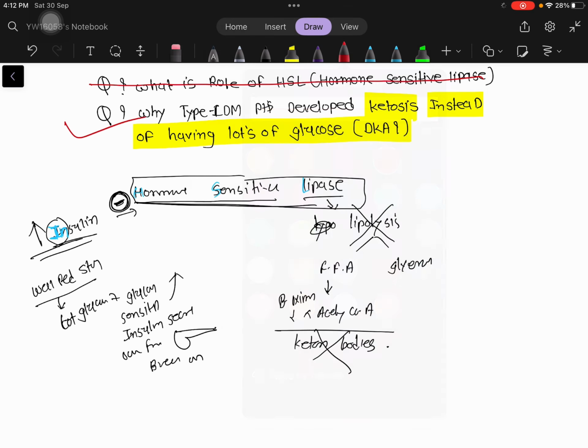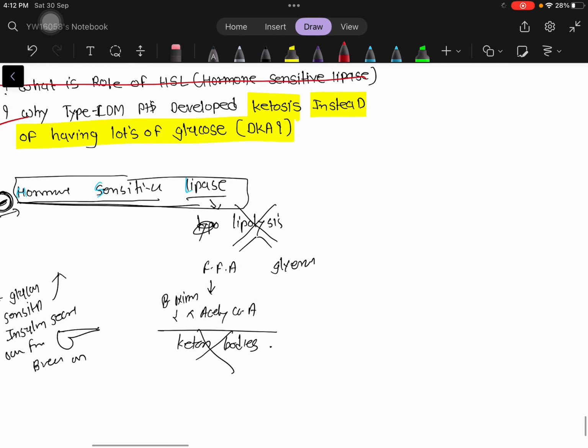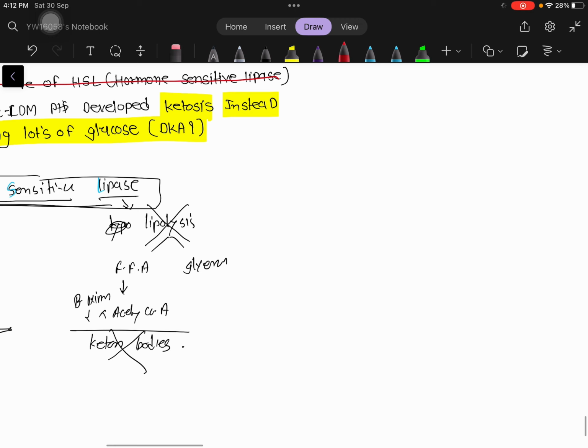Now we are going to talk about why the type 1 DM patient develops ketosis instead of having lots of glucose.